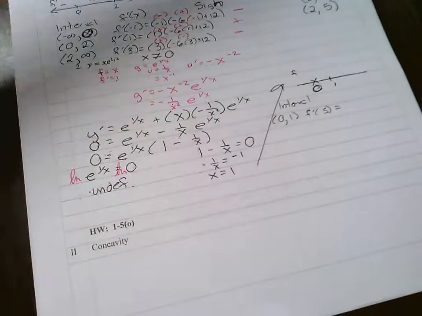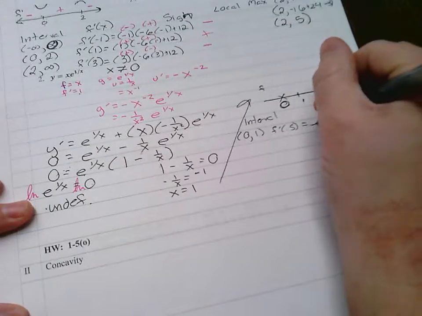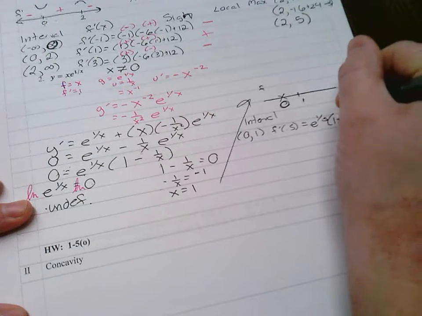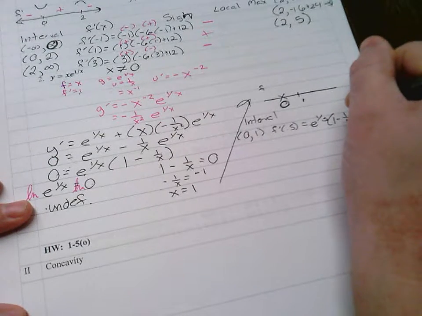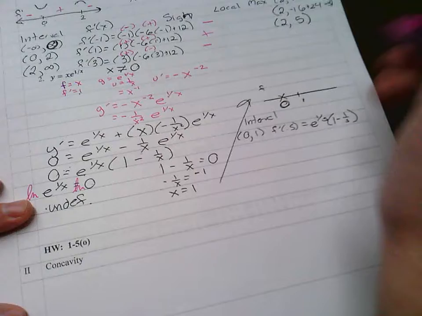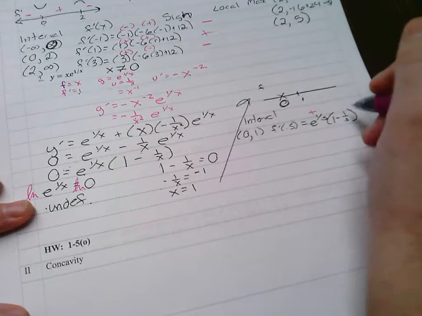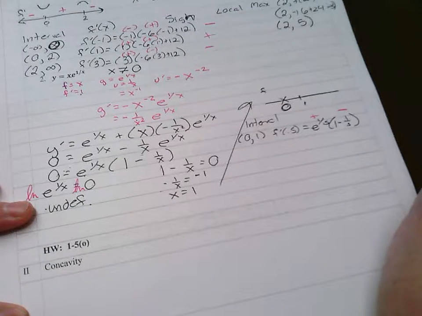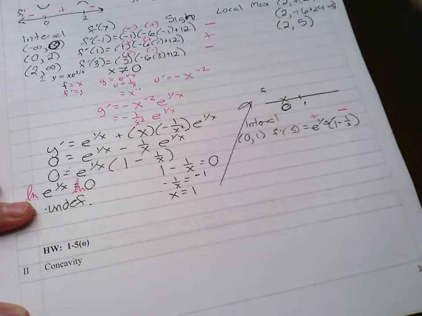If you're unsure what I'm doing, 1 over 0.5, 1 minus 1 over 0.5. So that's a plus. So this is going to be 1 minus 2, which is a negative. Negative.